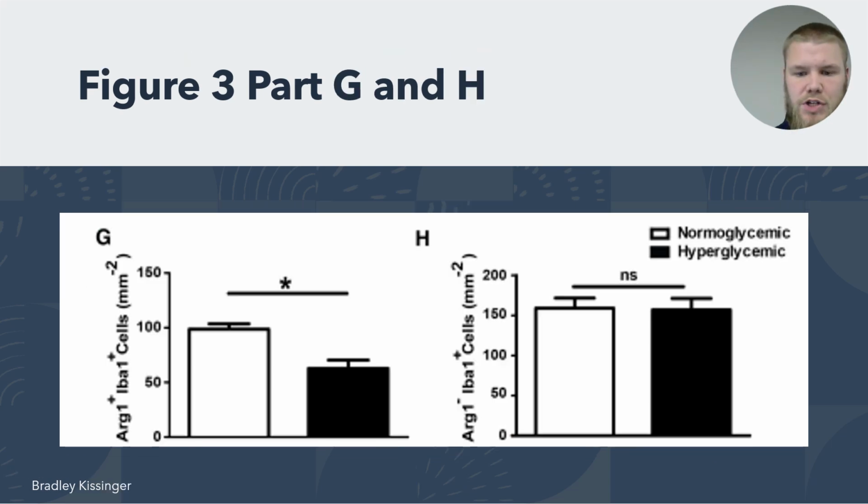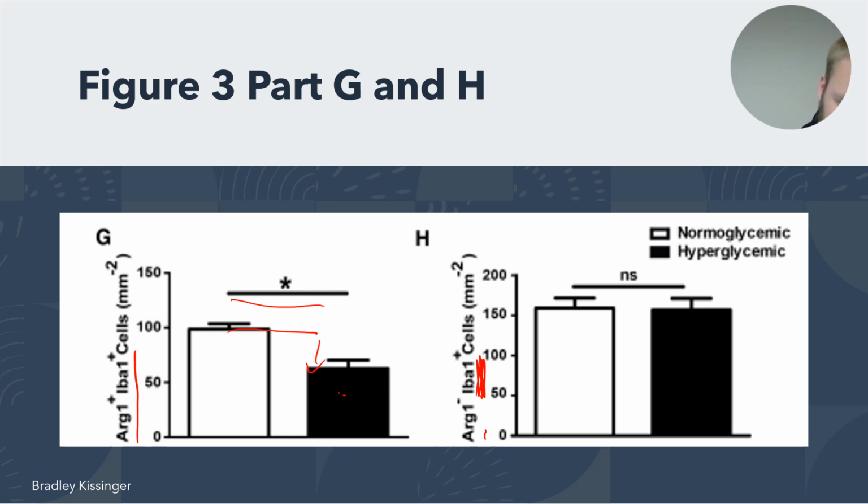So for parts G and H of figure 3, we're going to be looking at these two graphs here, which is going to be the combination of that ARG1 and IBA1, which is just that right side of the last two slides, and the total number of just the IBA1 cells. Over here we can see there's a big difference in these lines on the histograms, but what that is showing is that there's a decreased number of those anti-inflammatory macrophages on the hyperglycemic side here.